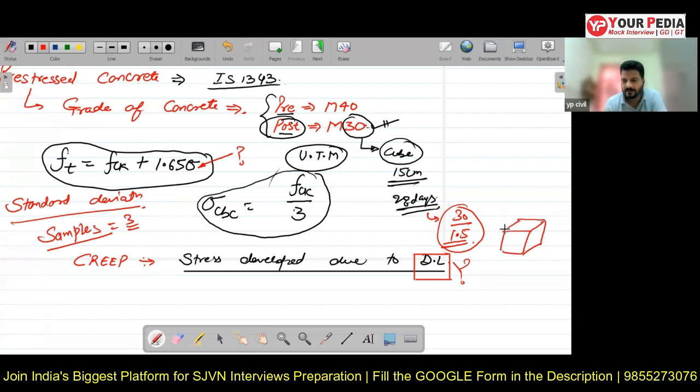Shape, we don't have the cube at all in the fields. It might be a beam, it might be a larger section. There is a slenderness effect also. And loading, we are applying the CTM, not UTM. In CTM, compression testing machine, it is a kind of uniaxial compression. Loading in the field might not be uniaxial. All the factors have been considered and 33% has been reduced. This is nothing but 0.67 fck.